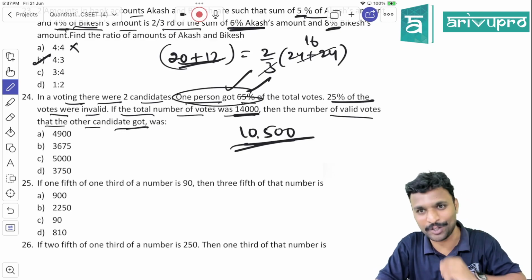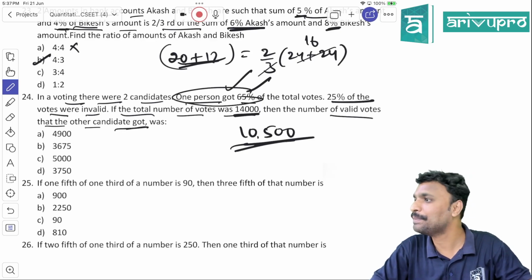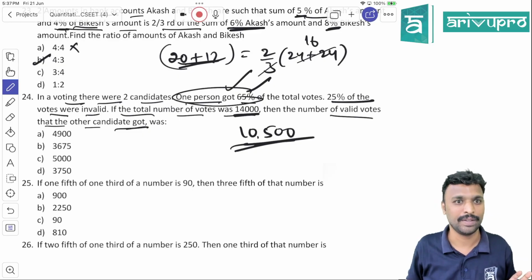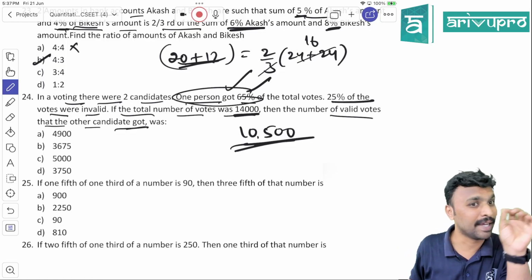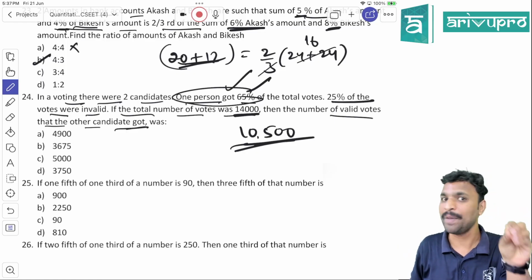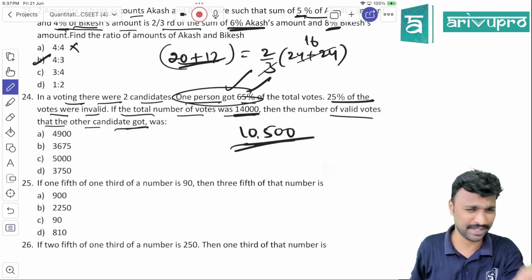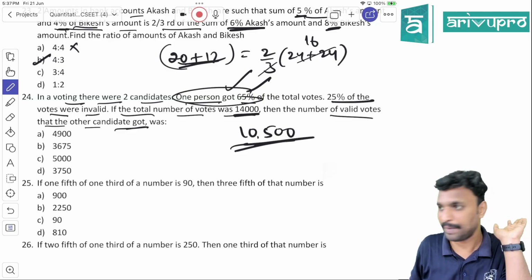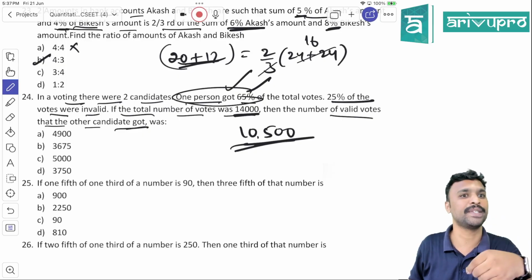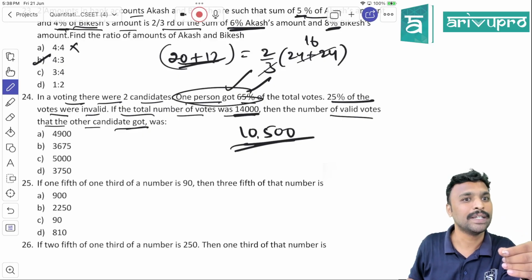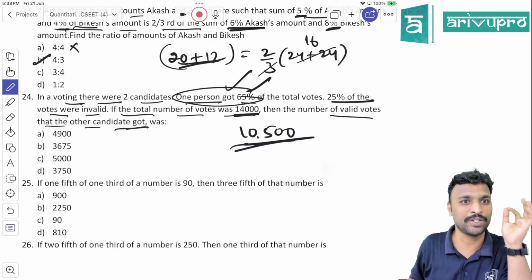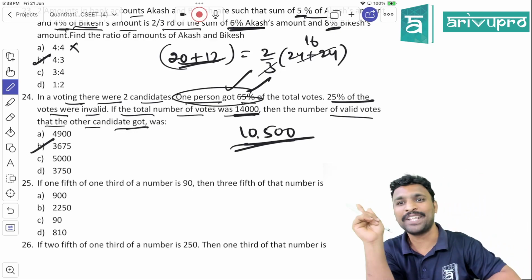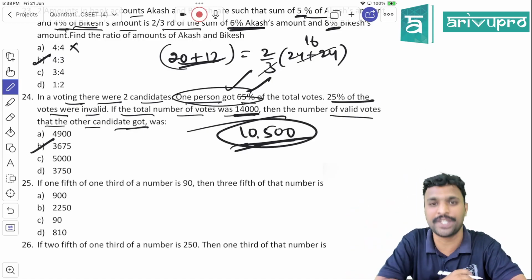No, 30% is 3,150. 5%? 10% is 1,050, so 5% is 525. 525 plus 3,150 is which option? 3,675. Because the other person gets 35% of these valid votes.